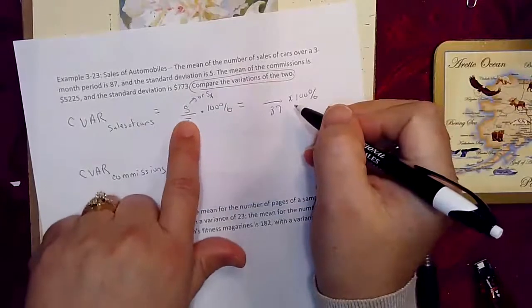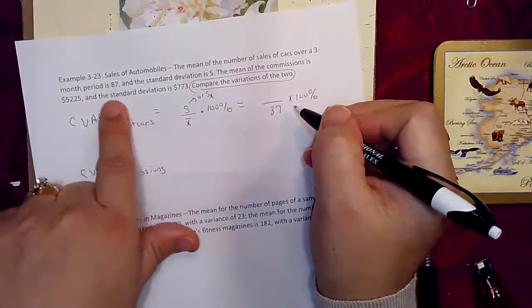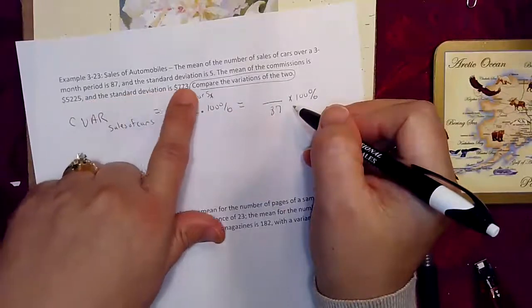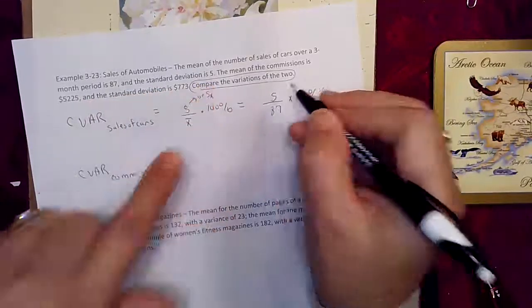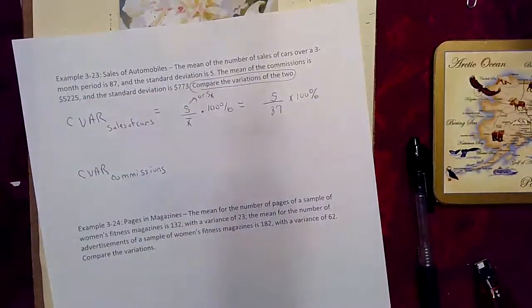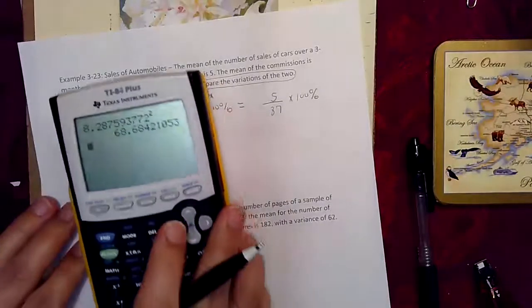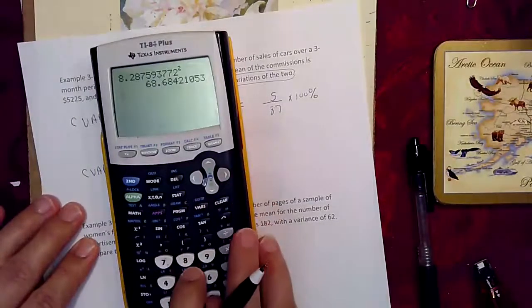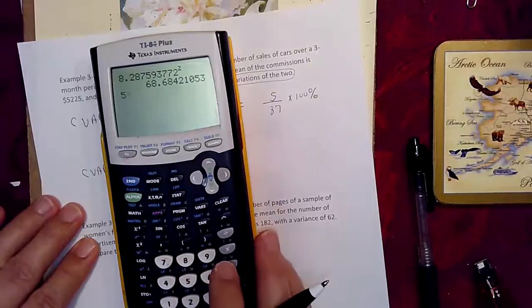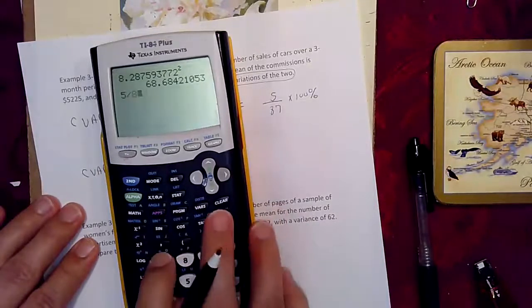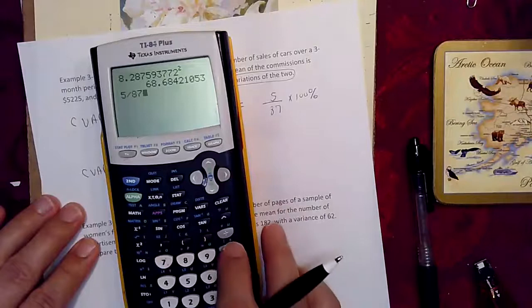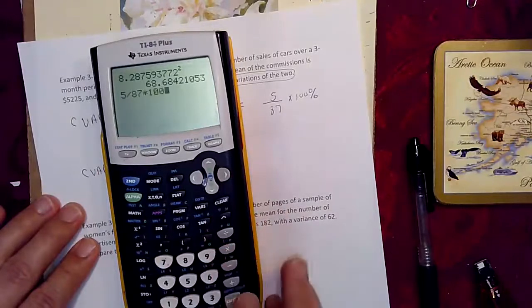On the top, your standard deviation was 5. So I type in 5 divided by 87 times 100.